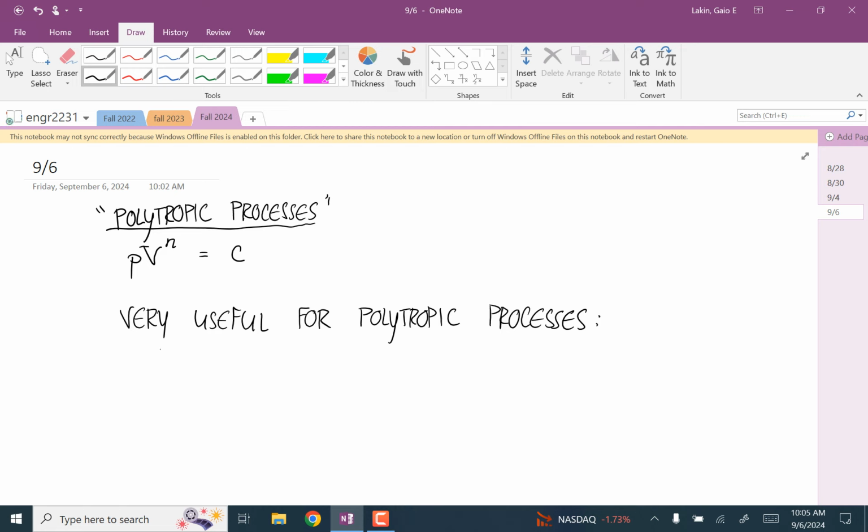The first one is, this is just a reminder, you've all seen this long ago. Natural log of two things that are multiplied together is the natural log of the first one plus the natural log of the second one. And the natural log of something to a power is the power times the natural log of the base. Okay.